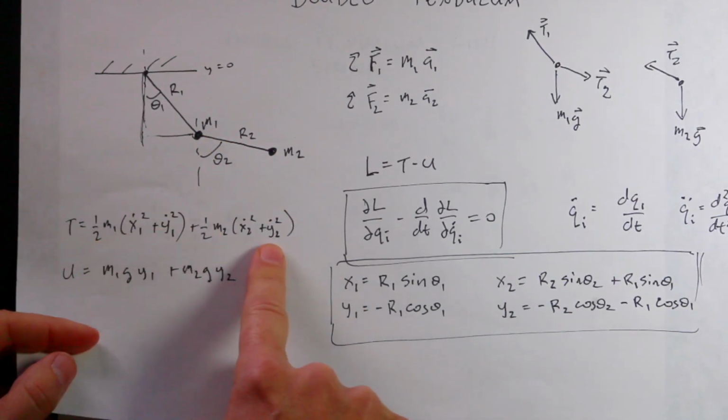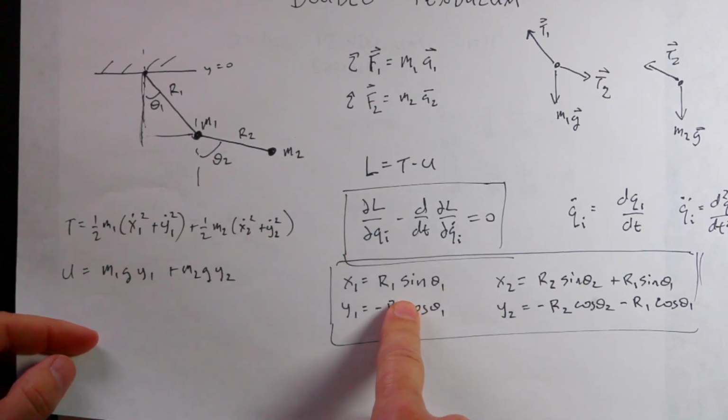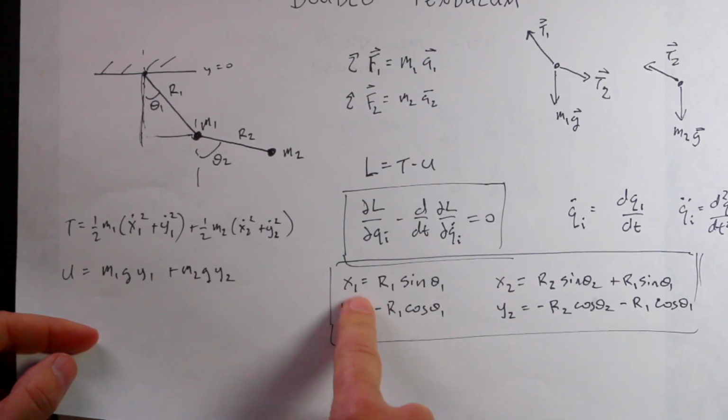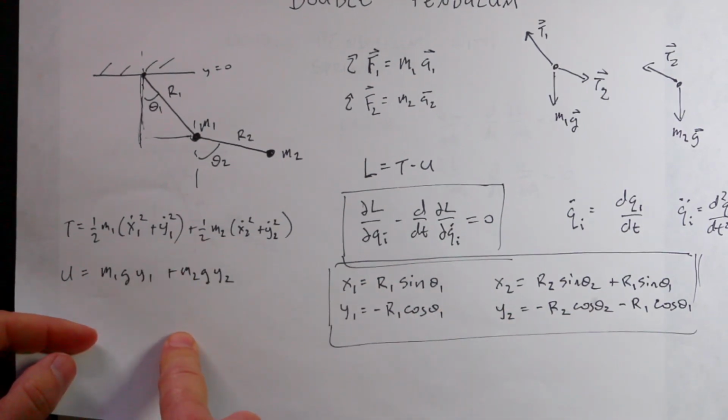So you write the kinetic energy in terms of Cartesian coordinates, and then you find the relationship between Cartesian coordinates and your generalized coordinates theta. Then you can take the derivatives of x1, x2, y1, y2, plug them in here, and do the same thing for the potential energy, and you can get L in terms of theta 1 and theta 2.